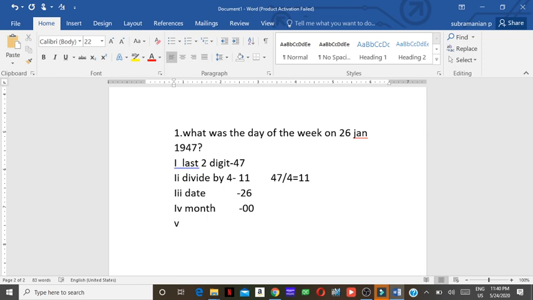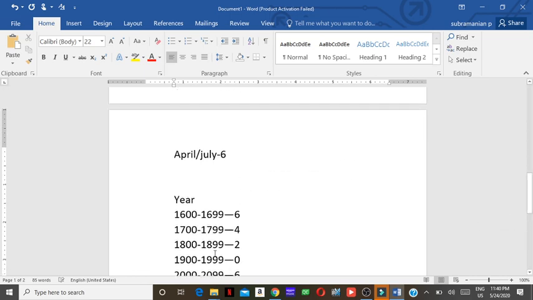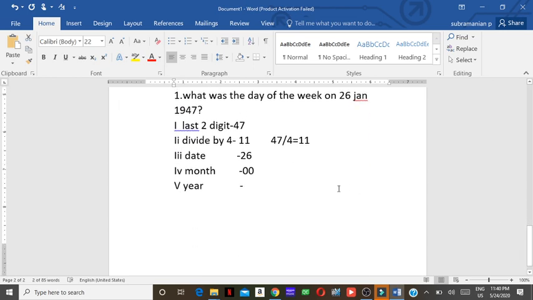Fifth step is the final step: year. The year given is 1947. So 1947 falls between this range, so we represent it as 0.